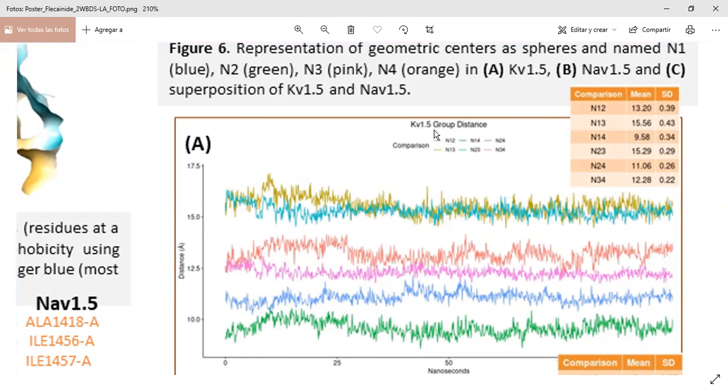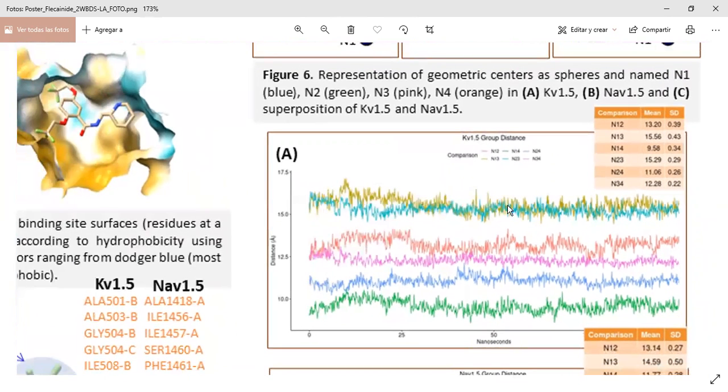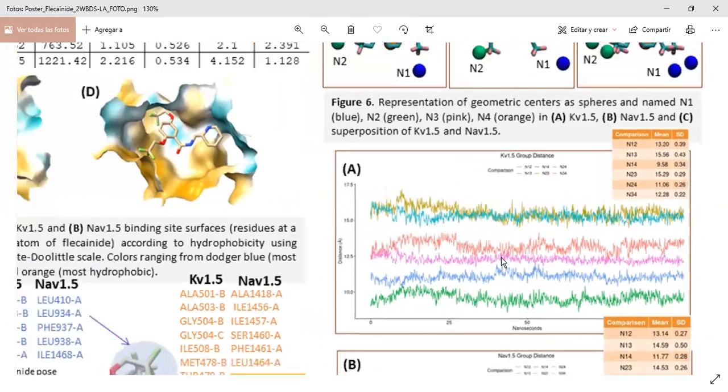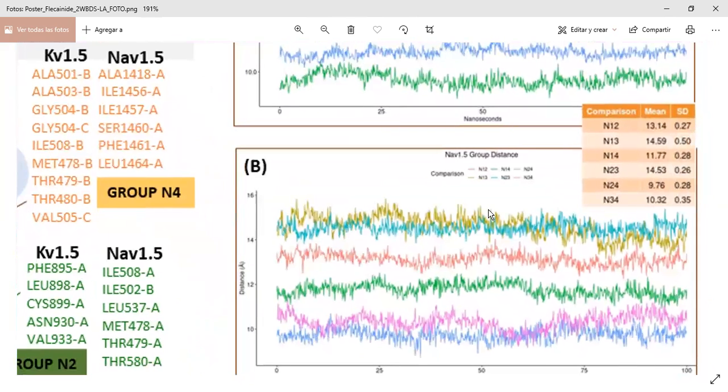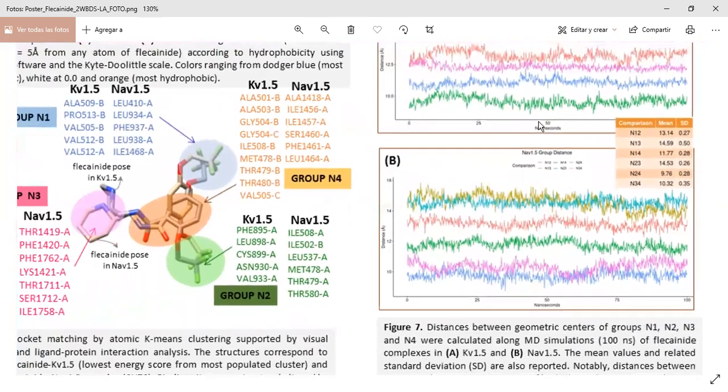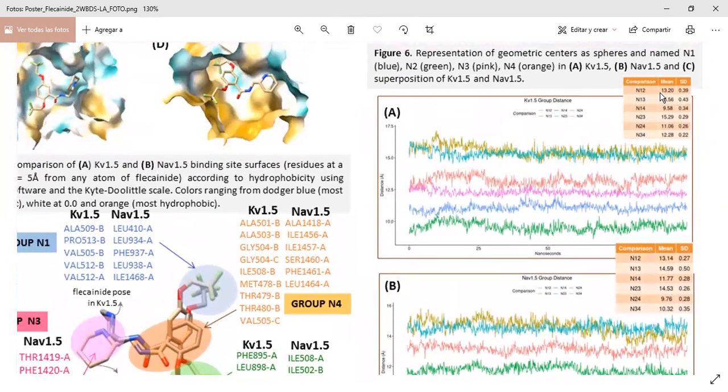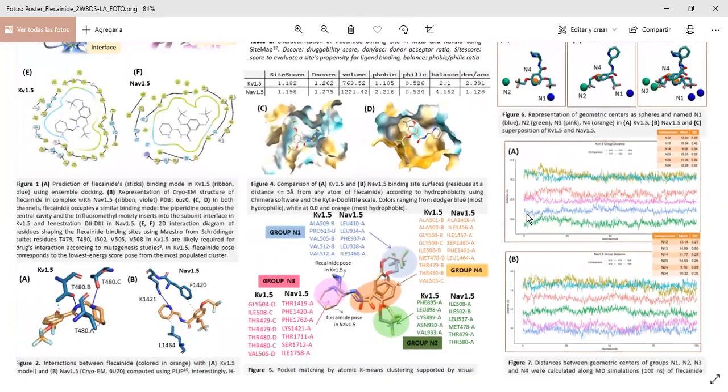In Kv1.5, we see that these distances are conserved along the MD trajectories, and a similar behavior is observed for Nav1.5. Also, mean values of these distances are comparable between corresponding groups in Kv1.5 and Nav1.5 channels.